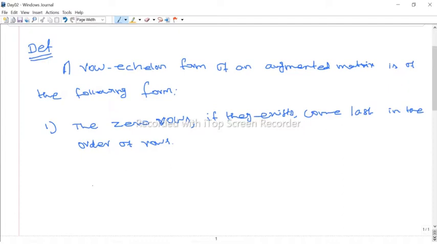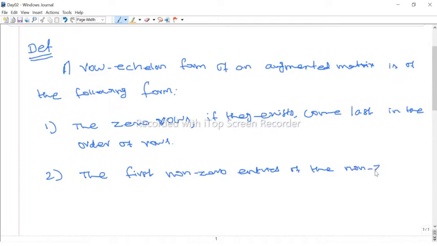Next, the second thing we have to do: take the first non-zero entry of each non-zero row. Because non-zero rows contain non-zero elements, right?